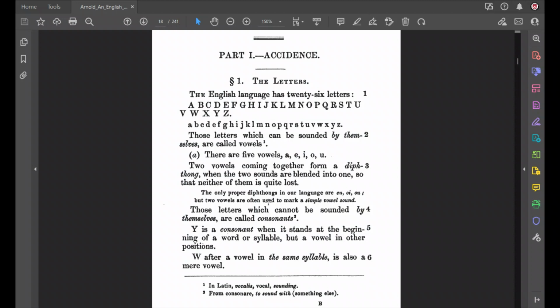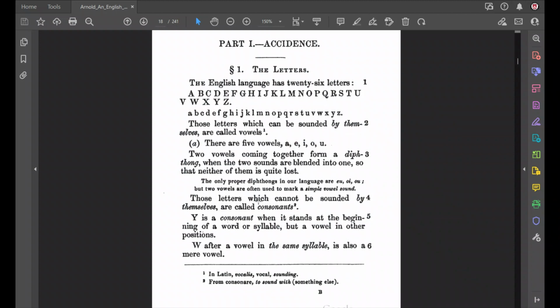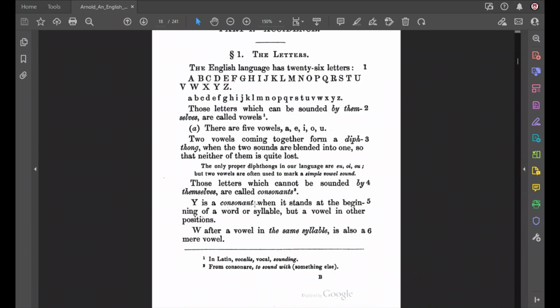We also learned that there are some pairs of vowels that are called diphthongs, where two vowels are spoken together in one syllable. That word diphthongs means double sound. We learned that there are a couple letters like Y and W, which can be used like a vowel in some words, but might be used like a consonant in other words.